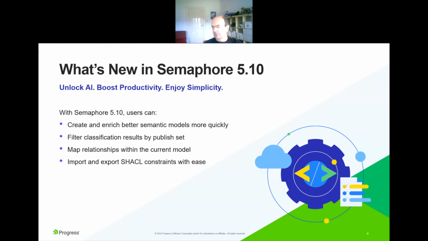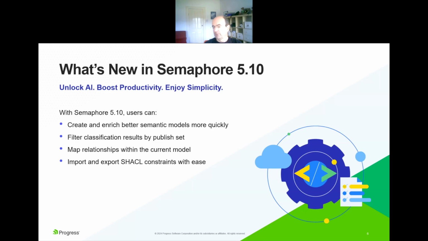So within Semaphore 5.10, we are introducing our AI model building assistant that will enable you to build models more quickly. It's a really snazzy AI interface that suggests alternative labels and subconcepts from where you are in the model.